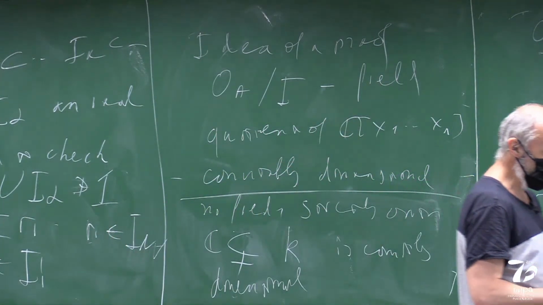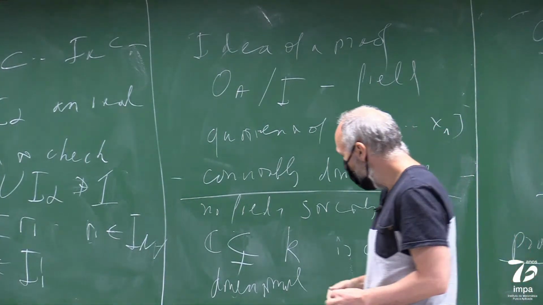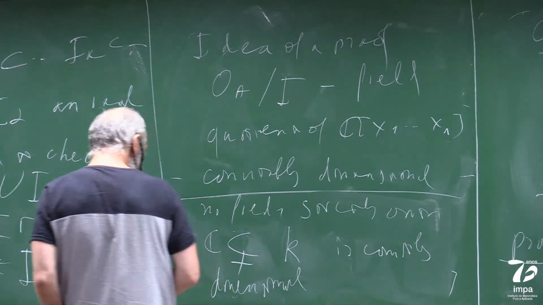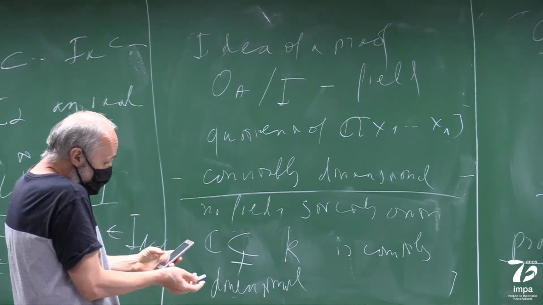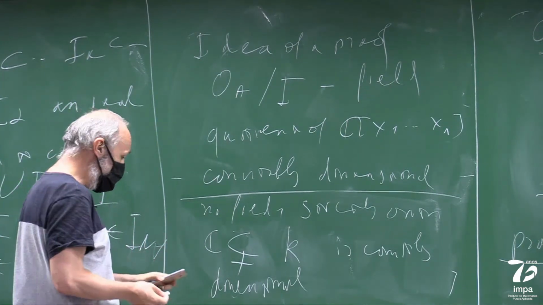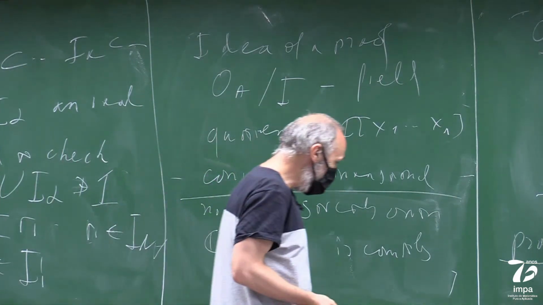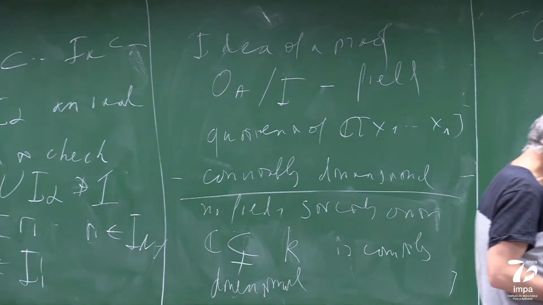So if you have a field obtained by adding something to C, it's always either C or its dimension is continuum.